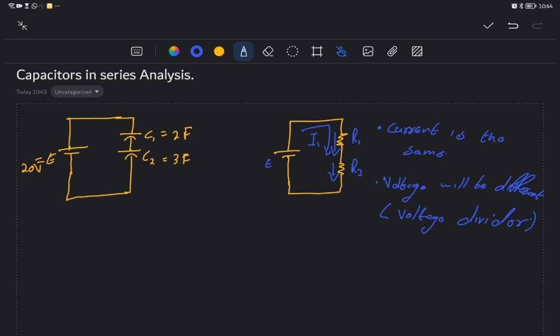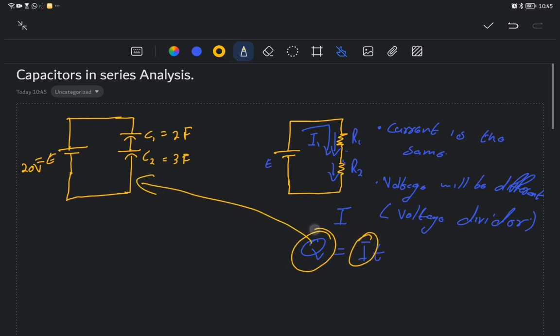So remember that when I speak of current, it's I, right? And you remember the famous formula which says that Q is equal to IT, right? So in resistors, we're focusing on the current, and then in capacitors, we're focusing on the charge.